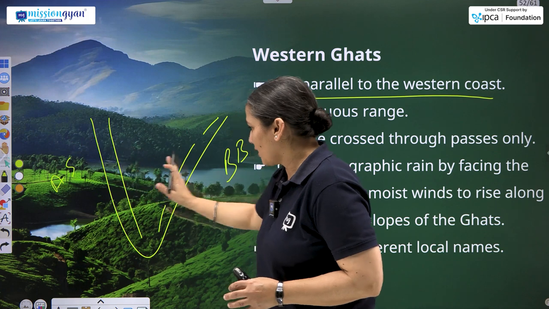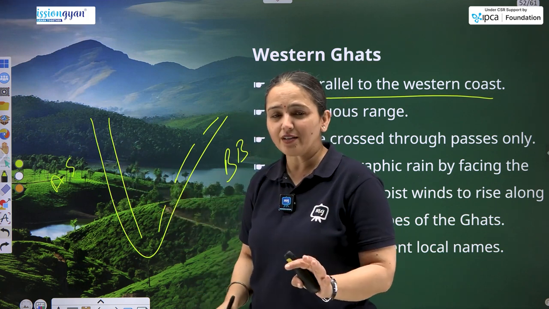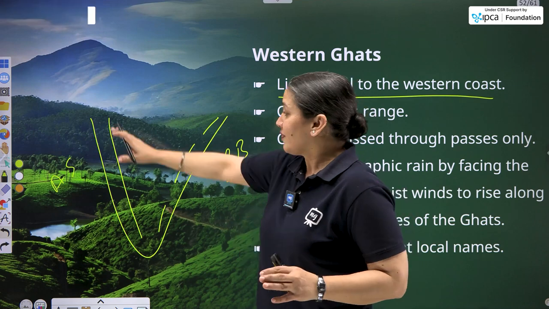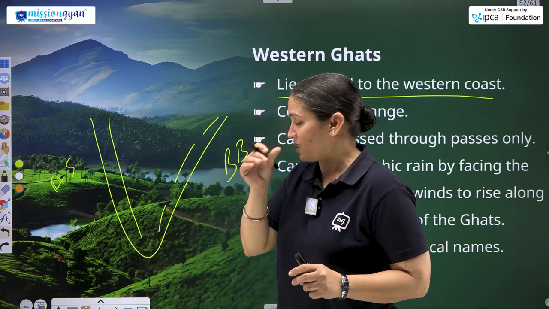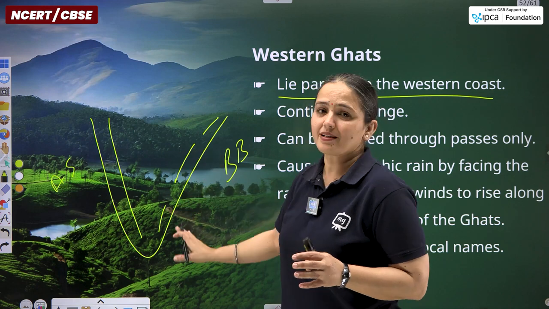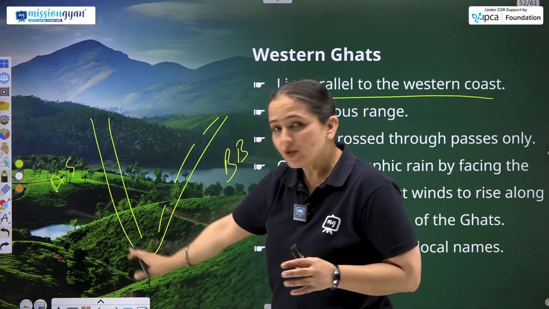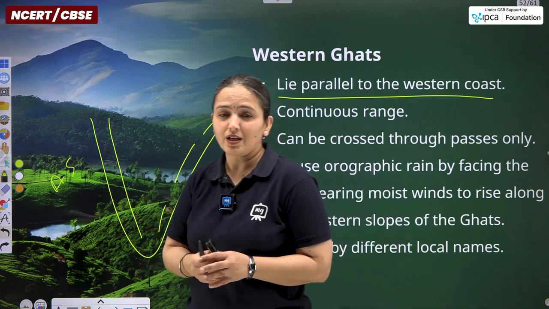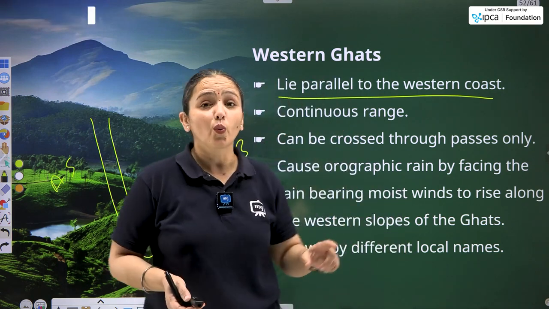My drawing has already informed you about what I want to state: the Western Ghats are not split up into different parts as the Eastern Ghats are. They are not in a continuous range.